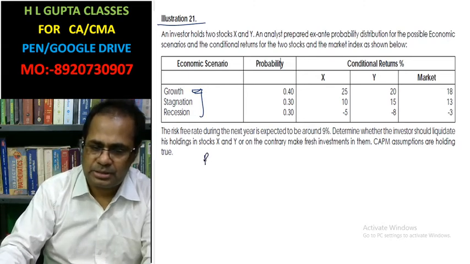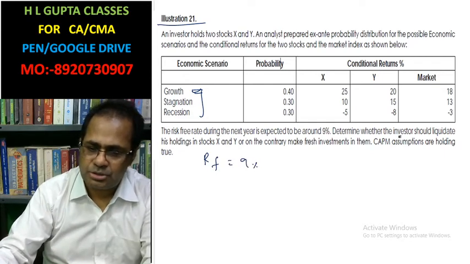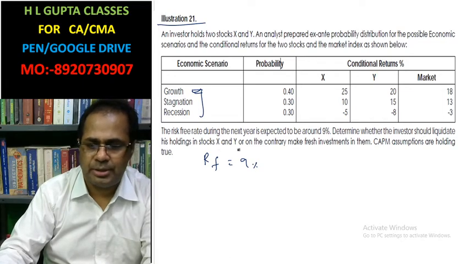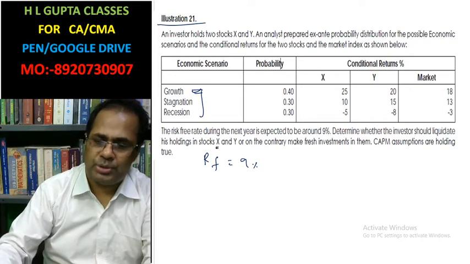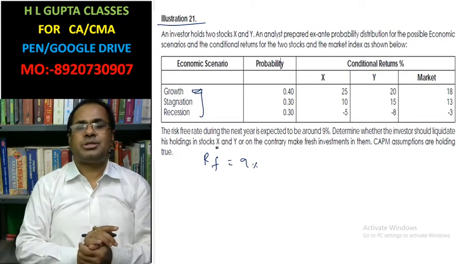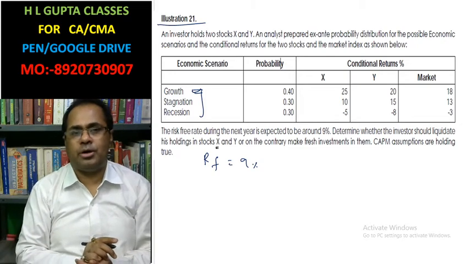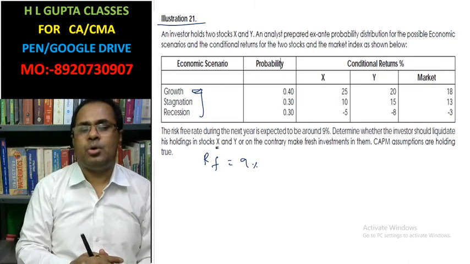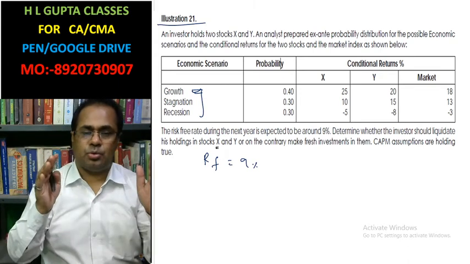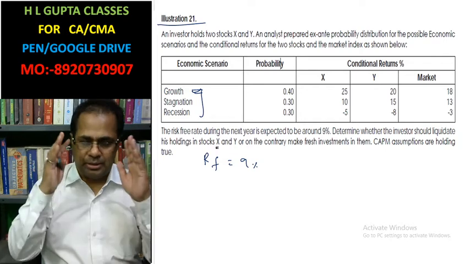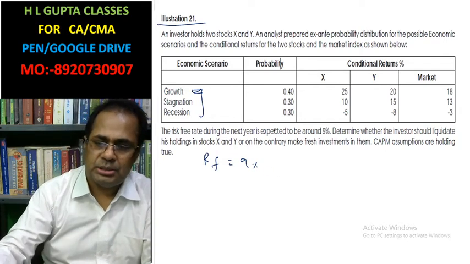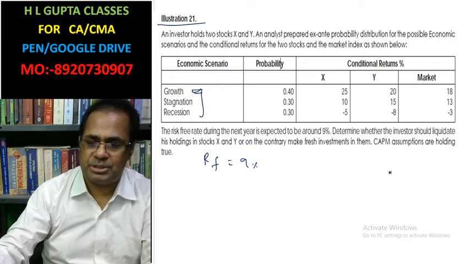Determine whether the investor should liquidate his holding of X and Y, whether he should sell X or Y or further repurchase stock X and Y. What investment decision should be better for the investor, that you have to decide as per CAPM.